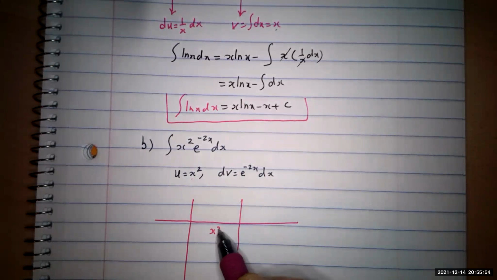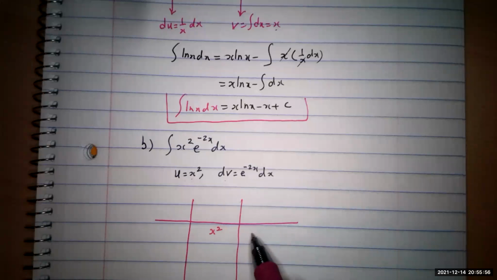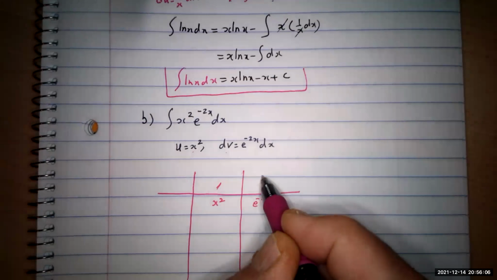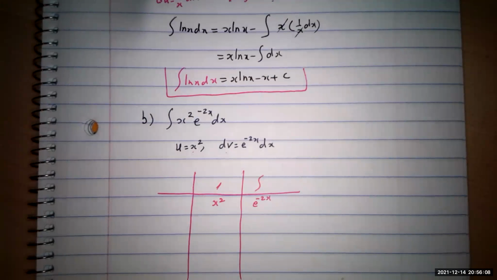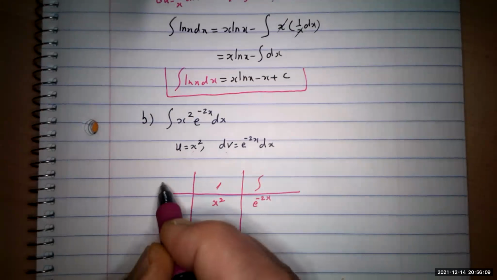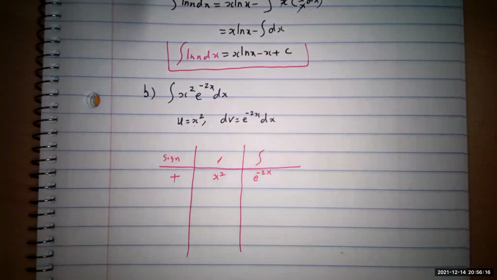You put the u here, x squared, and the dv here, e to the negative 2x. The column of the u, you have to differentiate. The column of the dv, you have to integrate. And this is the one we call the sign. So the sign is positive here. So you continue.